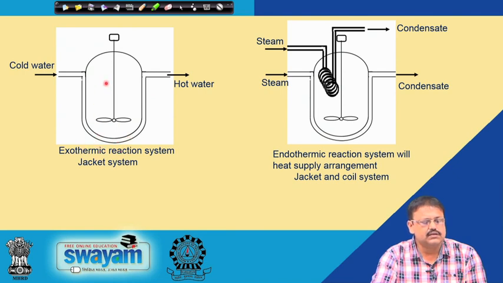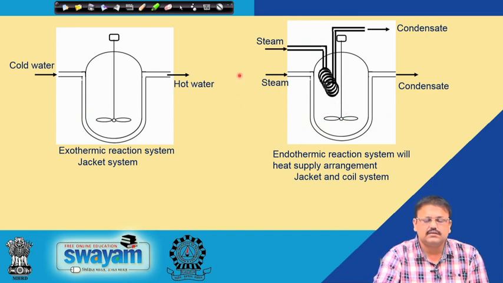For an exothermic reaction, cold water is normally passed in a jacket system, and the cold water can extract the heat from the system to maintain the temperature for better productivity. Similarly, for an endothermic reaction, the temperature falls due to the depletion of heat, and then this heat can be supplied by steam through the coil system or the jacket system.